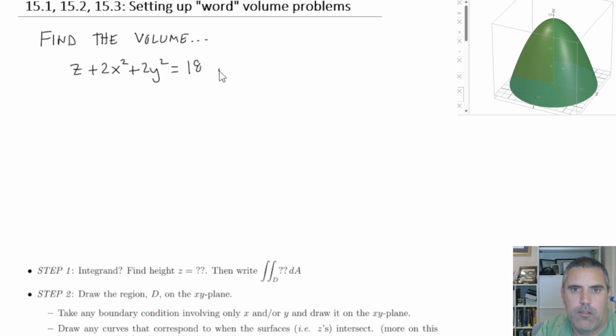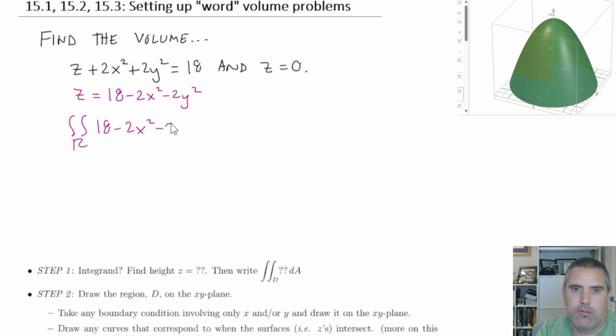And z equals 0. And that's all it says. So students are like, oh, yay, they didn't give me a ton of equations, but now I'm really confused. So step 1, get the z by itself, minus this, that's my integrand. That's my surface.